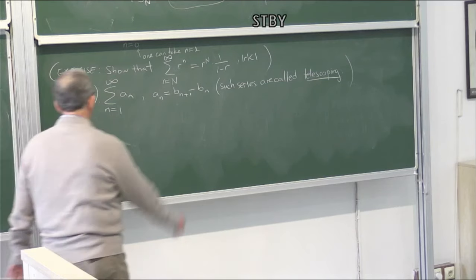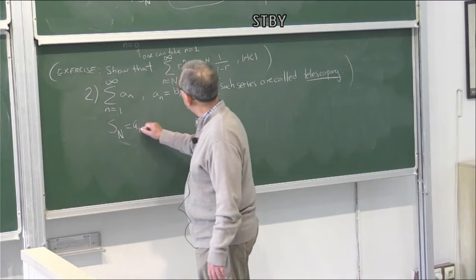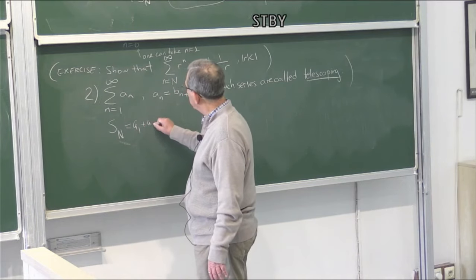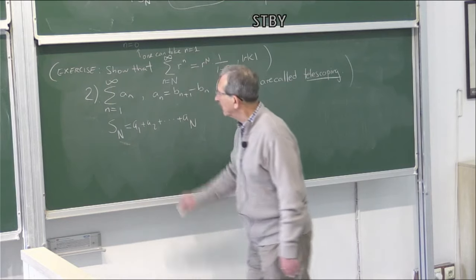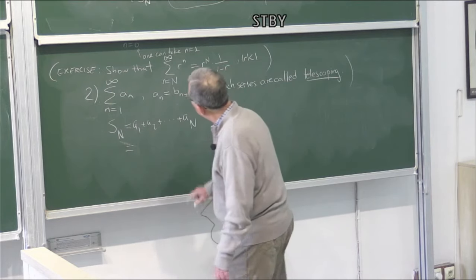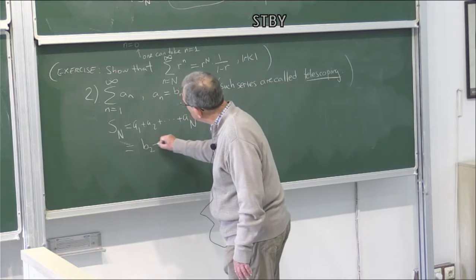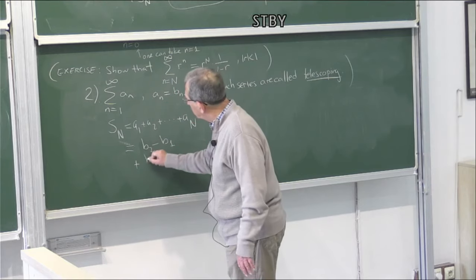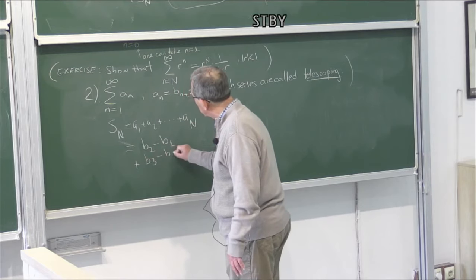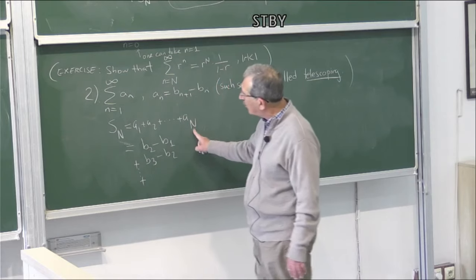Let us try. Okay, Sn happens to be a1 plus a2 plus up to an. Now let us write down what a1 is. It's b2 minus b1 plus, okay, it's b3 minus b2, and it continues up to the last term, up to n.